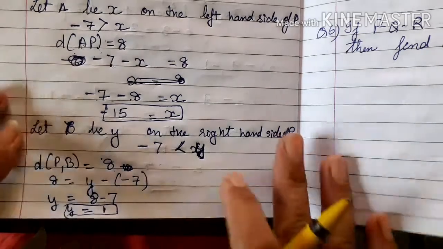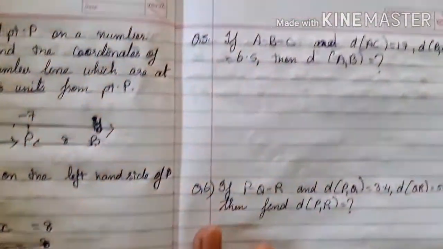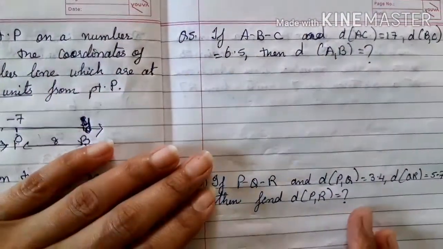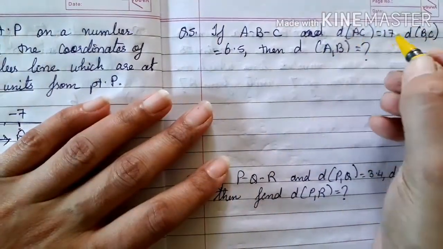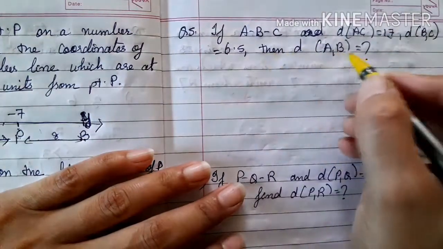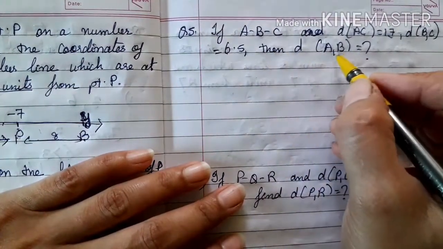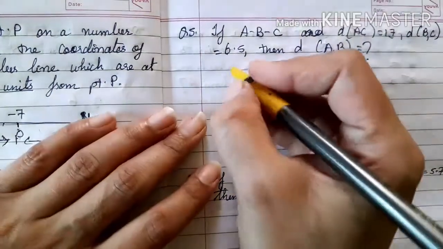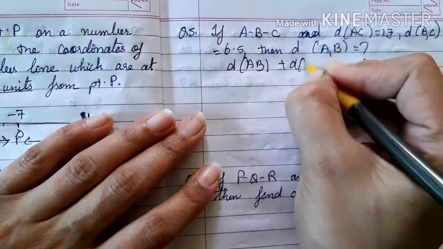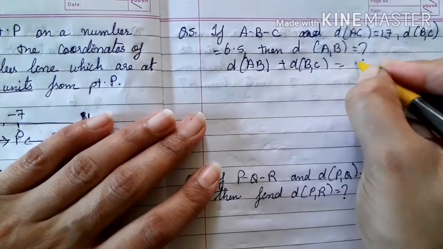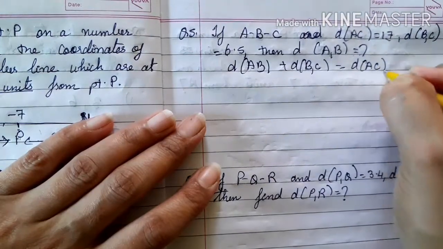Got it? Now moving towards the fifth question. If ABC, the distance of AC is 17, BC is 6.5, then find the distance of AB. We have to find the distance of AB. So distance of AB plus distance of BC is equal to distance of AC. Got it?